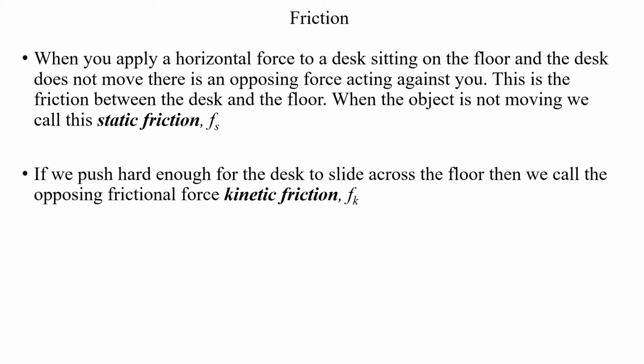Now, what if I push hard enough for the desk to slide across the floor? Then when we have the feet sliding on the floor, that is called kinetic friction, and we use a lowercase f with a k subscript to indicate kinetic friction. So f sub s is static friction and f sub k is the kinetic friction.